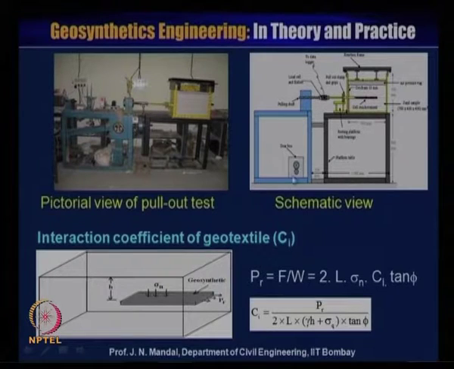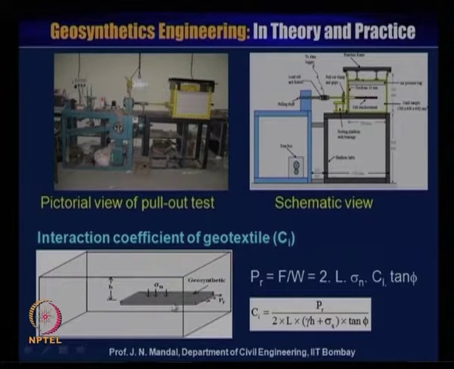In the pull out test, very important is the interaction coefficient of geotextile material, which is denoted as Ci. For example, this is the geosynthetic material, this is the PR, and this is the normal load sigma n.